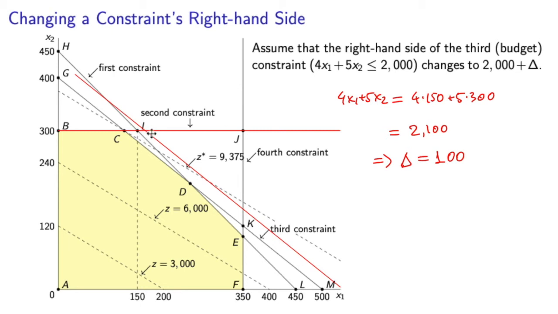So the point C is going to become infeasible, and the optimal solution is gonna stay at that point I. Alright, so the optimal basis changed from what we had before when point C was optimal to the new optimal basis. So the highest increase in the right-hand side that we can afford so that the previously optimal basis will still remain optimal corresponds to delta equal to 100 or the right-hand side equal to 2100.